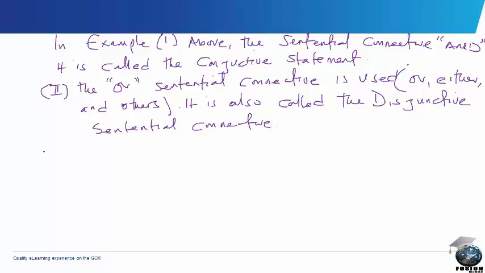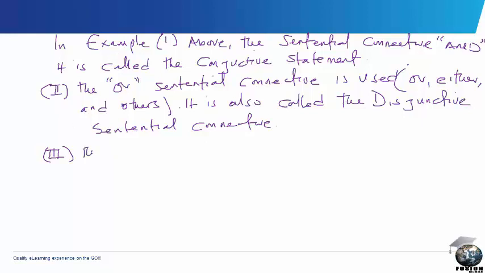All right, and then in example 3, like we had above, the sentential connective used there is the "if then". If it had to be in your computer language or computer programming, we call it the if-then-else statement, depending on the computer language you are operating on, the machine language you are using to write your programs. And so in statement 3, we use the if-then-else sentential connective.